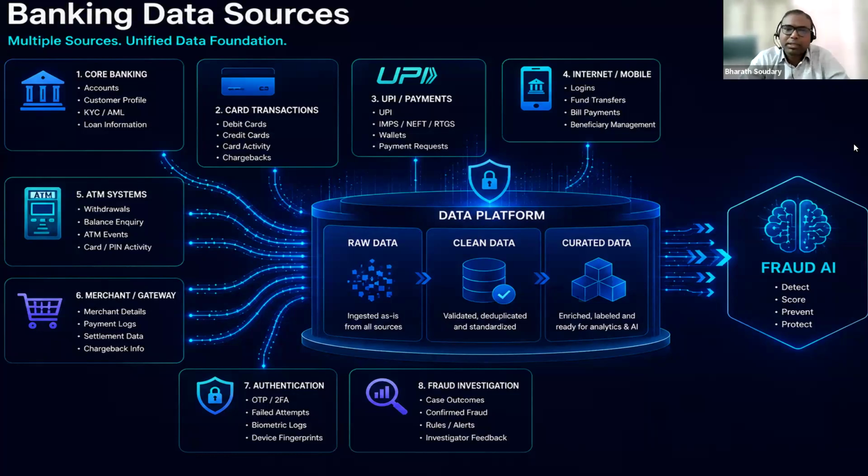So the data layer captures this information and alerts the customer. Internet and mobile banking includes the login of the application or mobile banking, funds transfer, bill payment, beneficiary management. To give an example, a login happens from a new device, followed immediately with a large fund transfer. The combination is more useful than looking at the transaction alone.